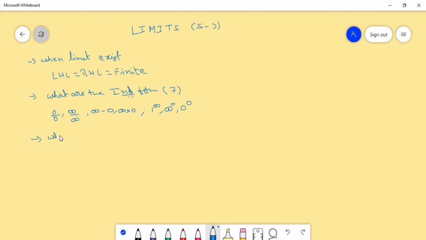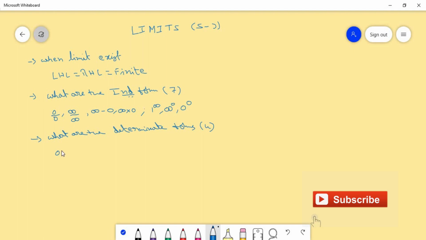Then what are the determinate forms? Those are totally 4. One is infinity plus infinity, which is equal to infinity.